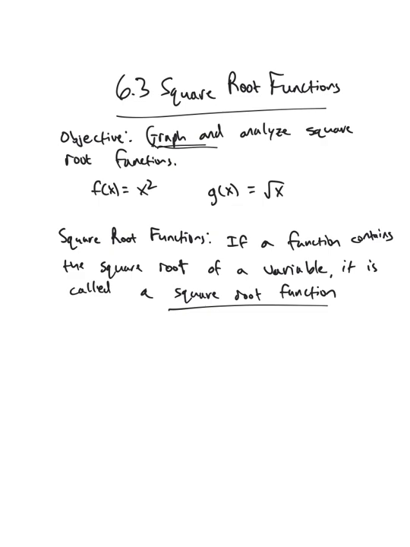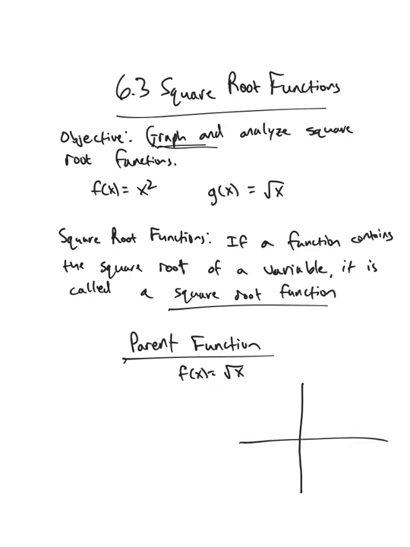Talk about the parent function here a little bit, the simplest format. Because the parent function is, of course, f of x equals the square root of x. A graph of this is, because it has a point at 0, 0, I'll talk about why that is here in a minute, but it has a vertex-like point at 0, 0.